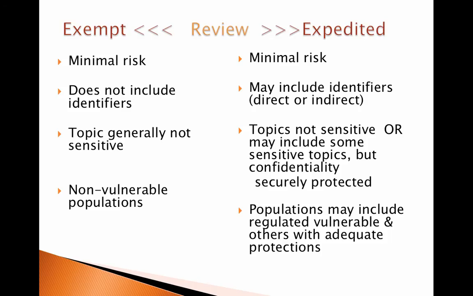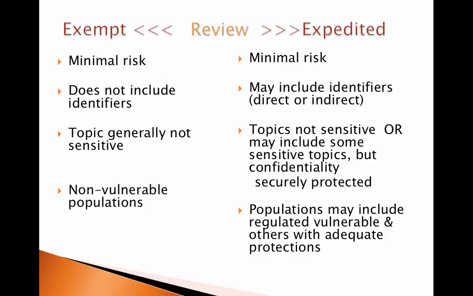The next few slides compare characteristics of exempt and expedited review. Both categories need to be equal to or less than minimal risk. Exempt research does not include identifiers, whereas expedited review research may include identifiers.